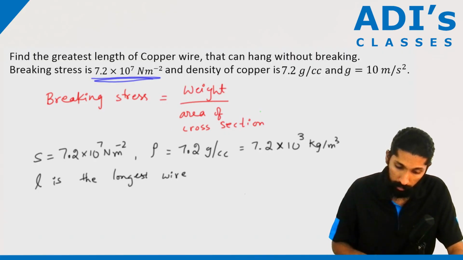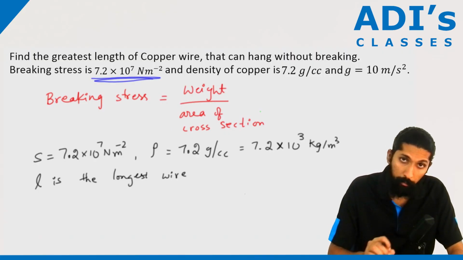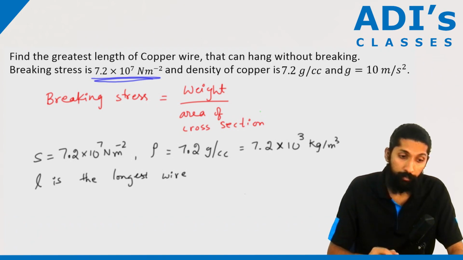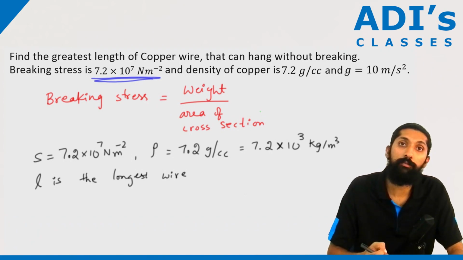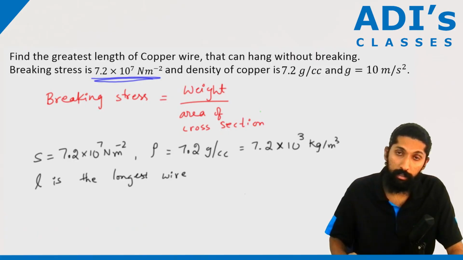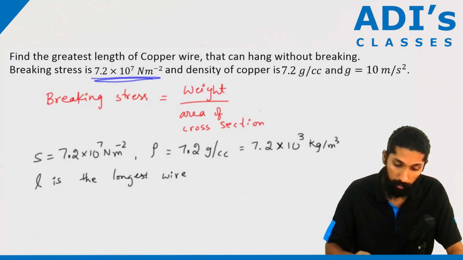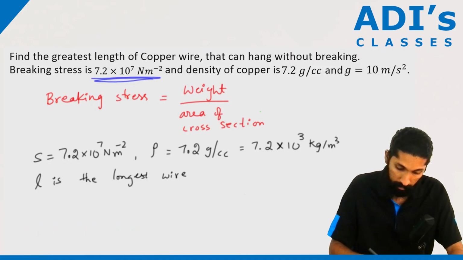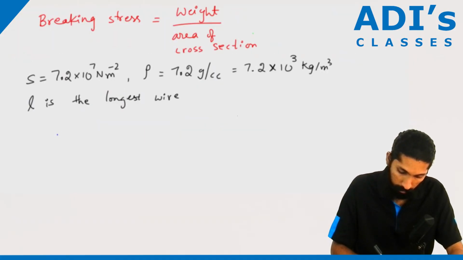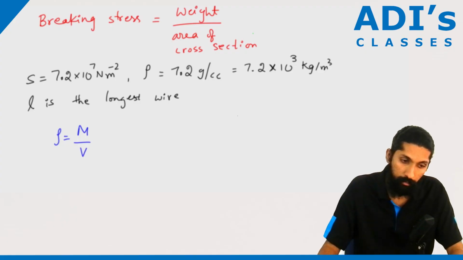Now see the formula. The weight of the wire by area of cross section. You have to calculate the weight, isn't it? Let's use the formula of density. Now guys, what is the formula for density of a particular body? Density rho is equal to mass divided by volume.